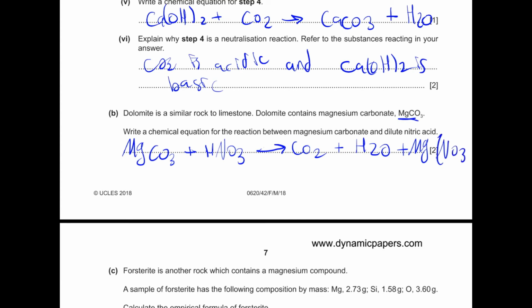But the magnesium has 2+ charge while the nitrate has minus charge, so we're gonna add 2 for the nitrate here, and then we're gonna add another 2 here to balance the equation. So this is how it looks when it's balanced.